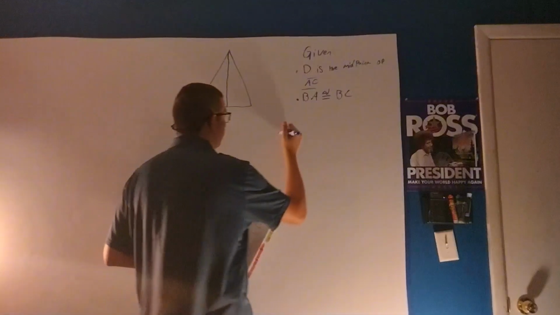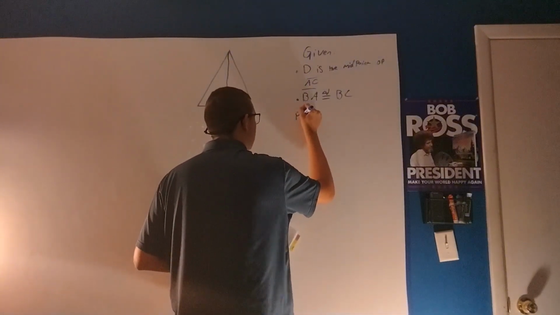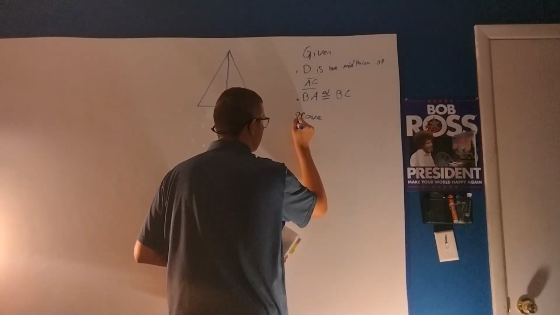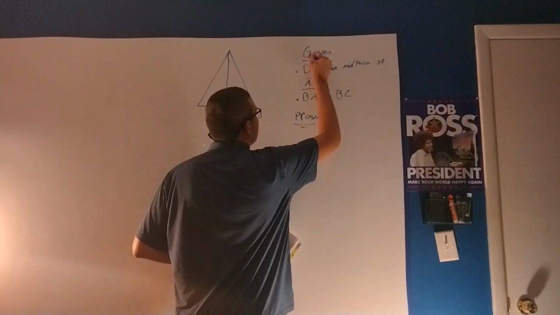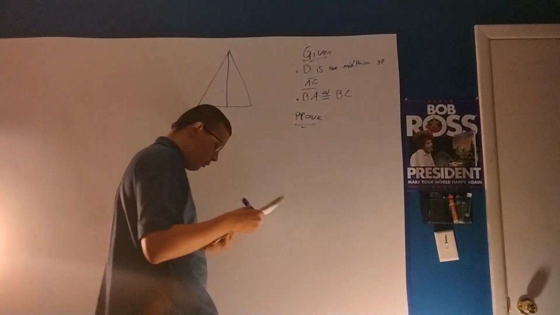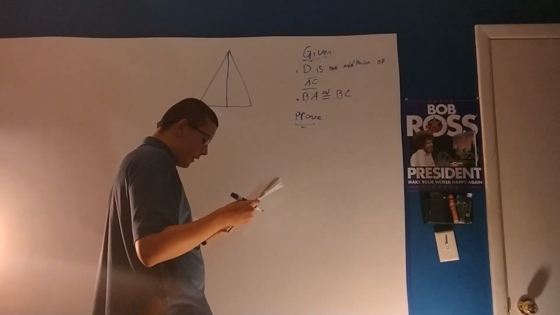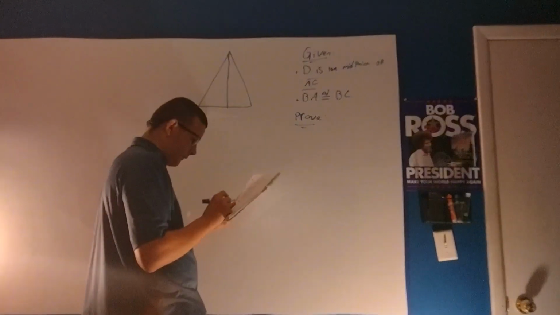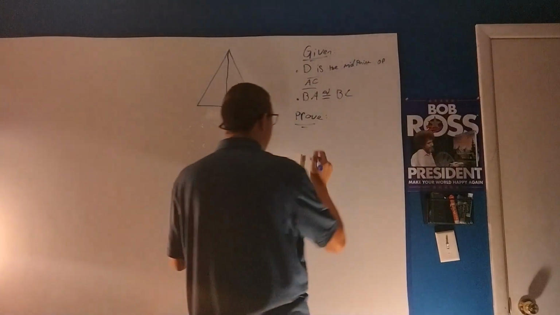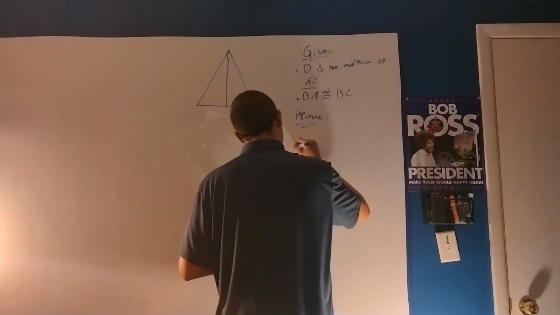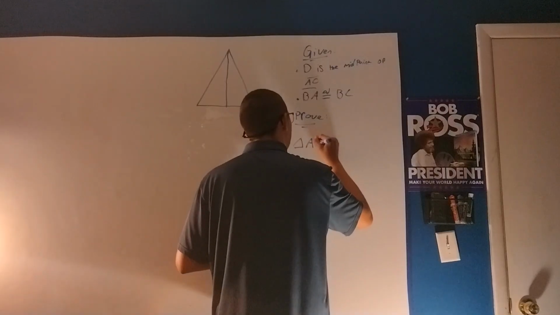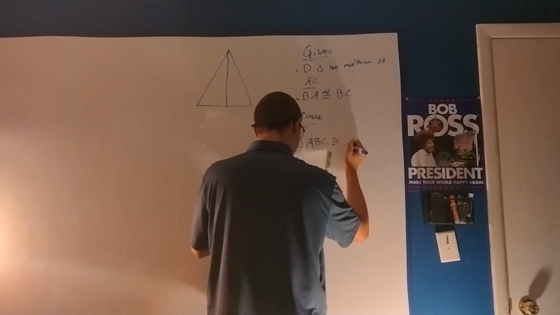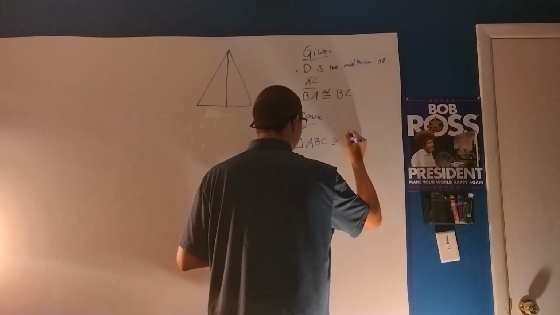And we are trying to prove that triangle ABC is congruent to triangle CBD.